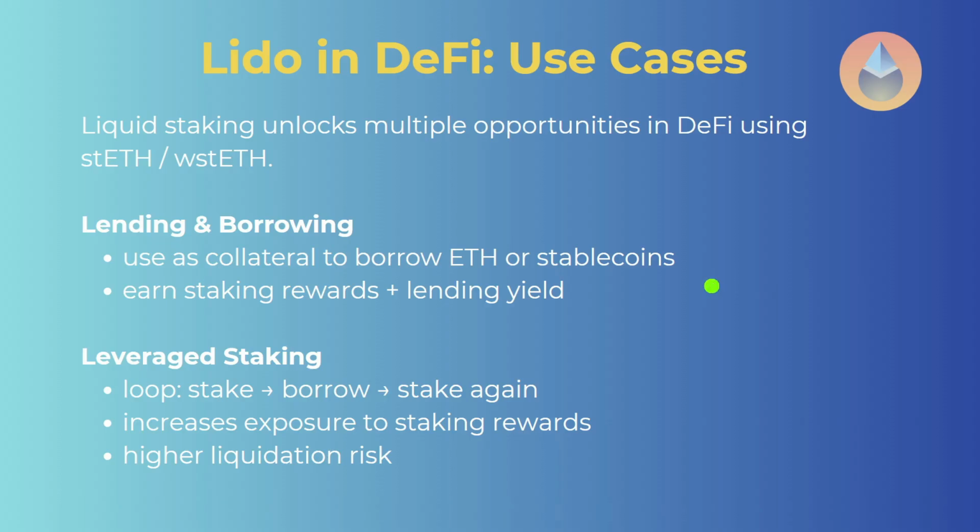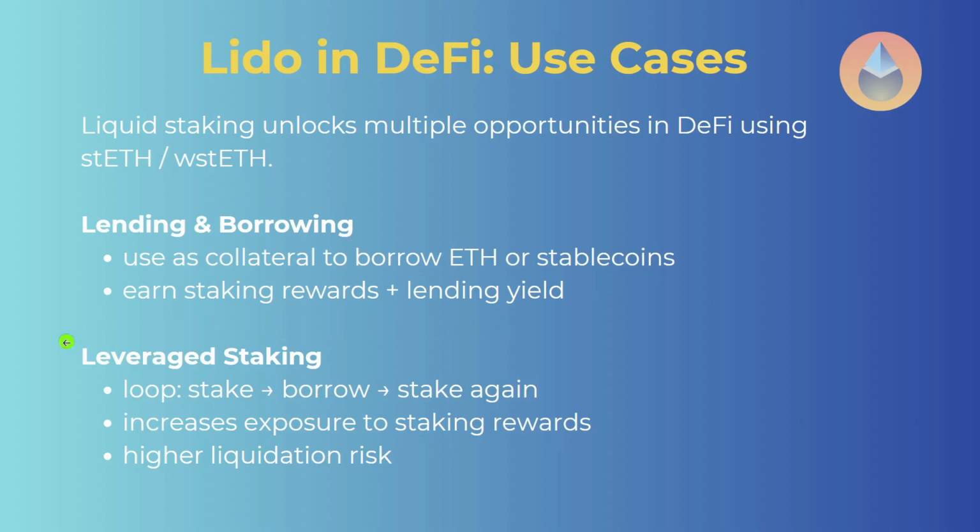Let's talk about the most important use cases of Lido in DeFi. Liquid staking unlocks multiple opportunities in DeFi using the tokens stETH and wrapped stETH. For example, lending and borrowing. In Aave, you can use these tokens as collateral to borrow stablecoins, earning staking rewards plus lending rewards.